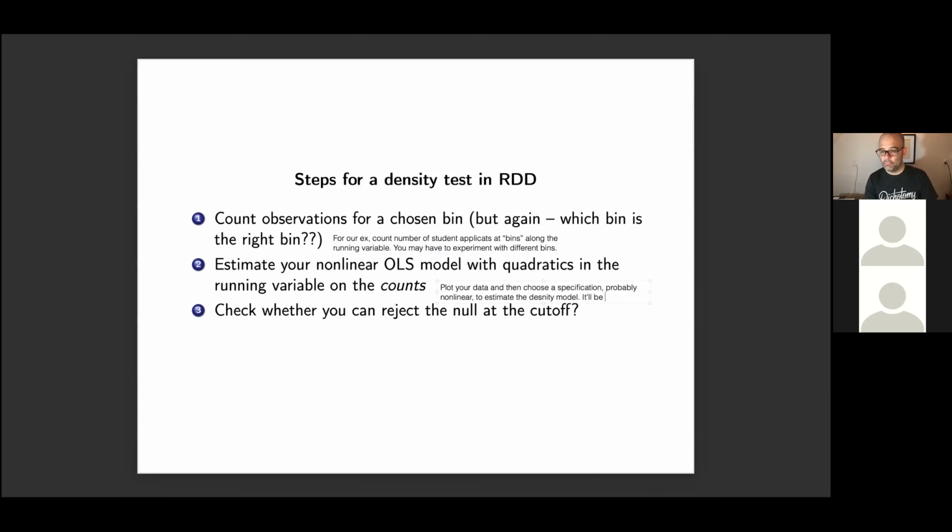It'll likely be a regression model with flexibility of modeling X terms. And then last, do a hypothesis test at C0. Can you reject the null of no jump at C0? That's what you're going to do.